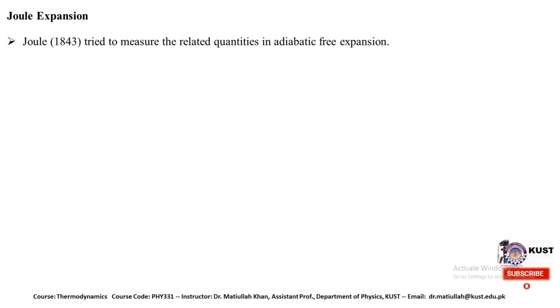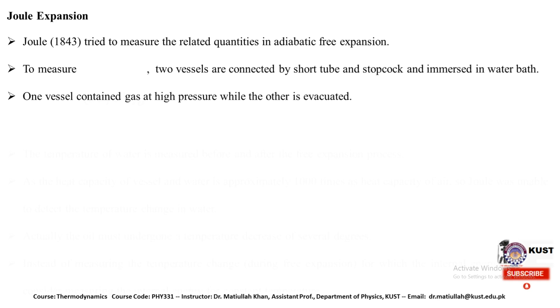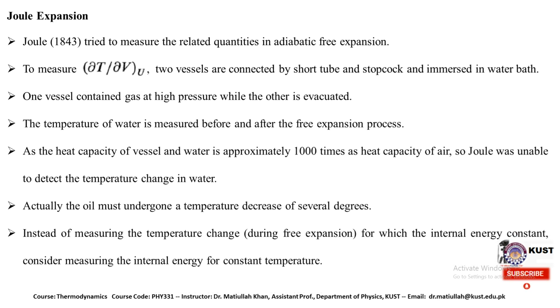He performed this experiment in 1843. To measure the change in temperature with respect to volume when internal energy is constant, he performed an experiment with two vessels that are connected by a short tube and stopcock, and the whole system is immersed in a water bath.